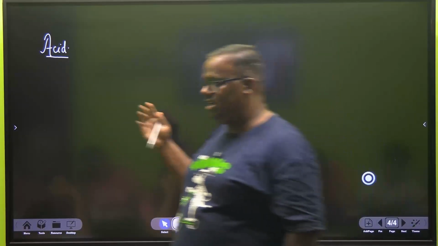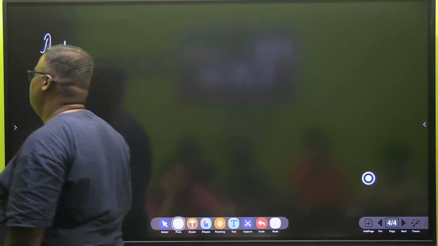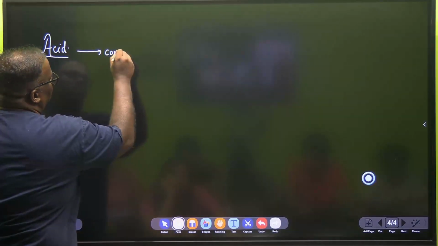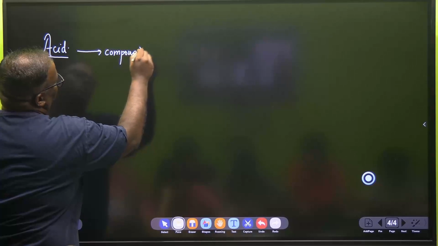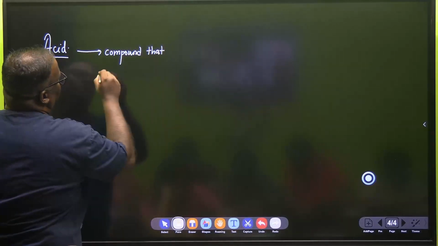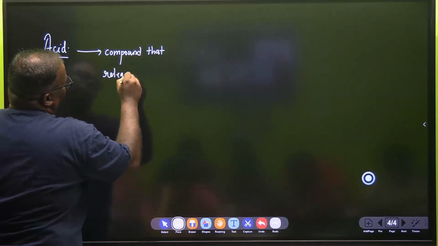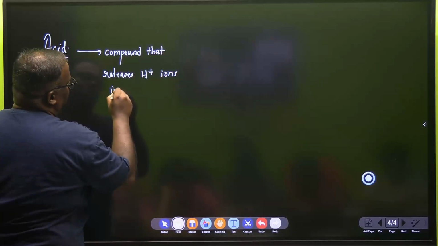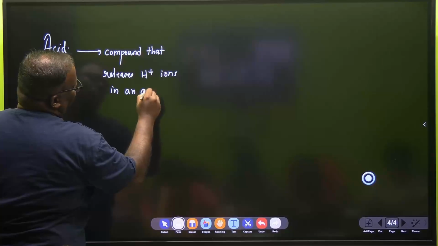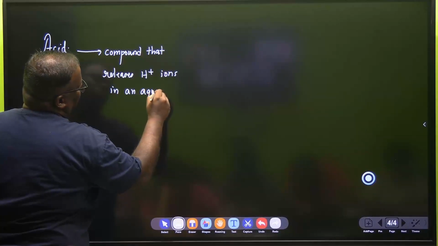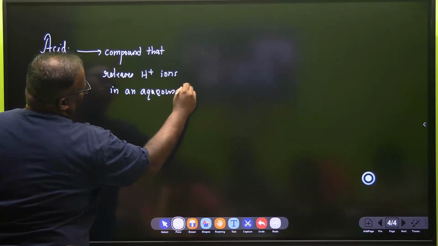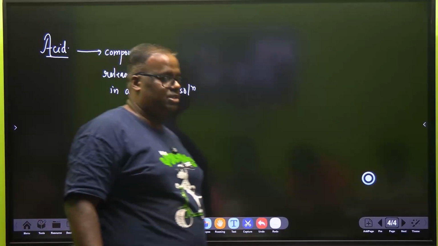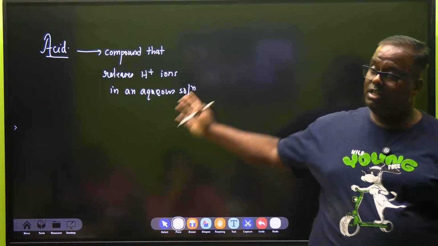So Arrhenius says, or in grade 10, we will say, to understand, acid is a compound that releases H plus ions in an aqueous solution. If a compound has the ability to release H plus ions, this is the Arrhenius concept, okay?